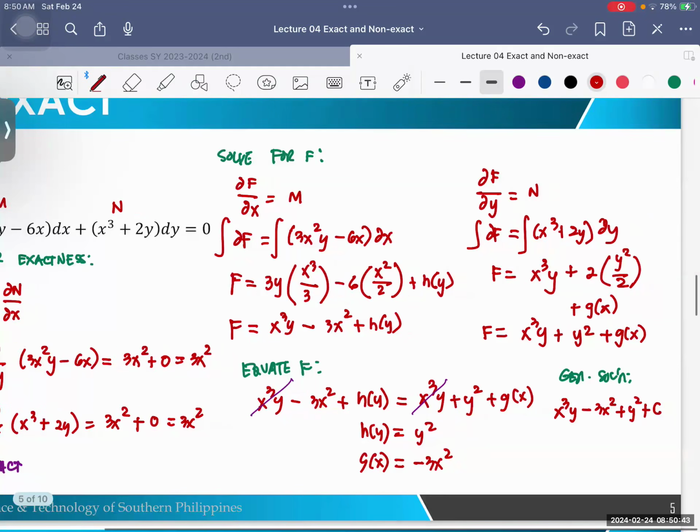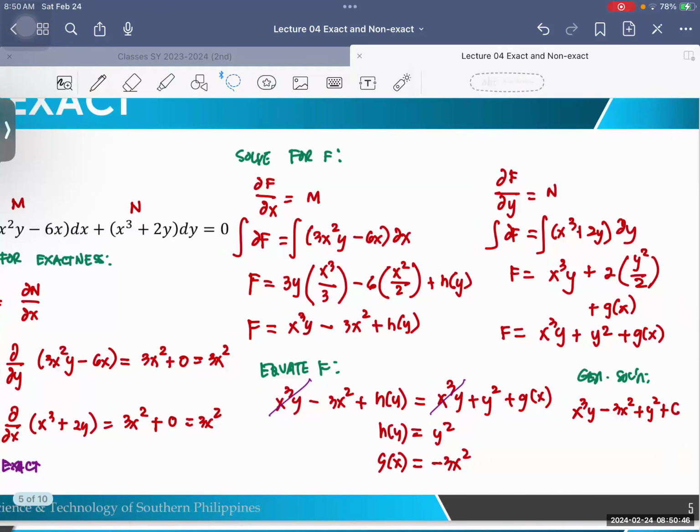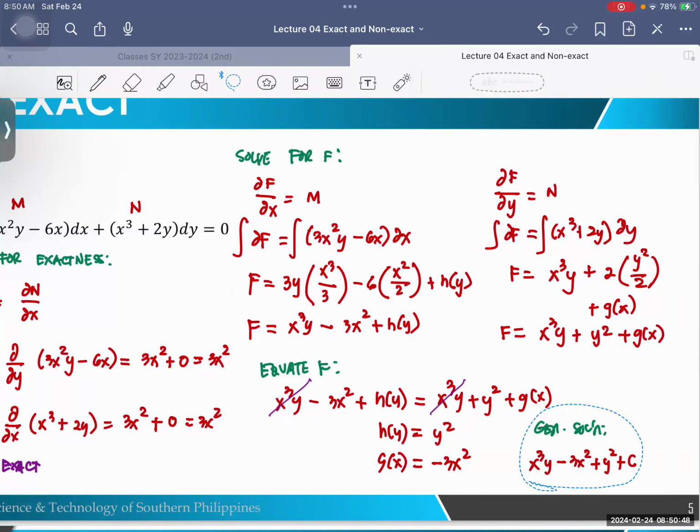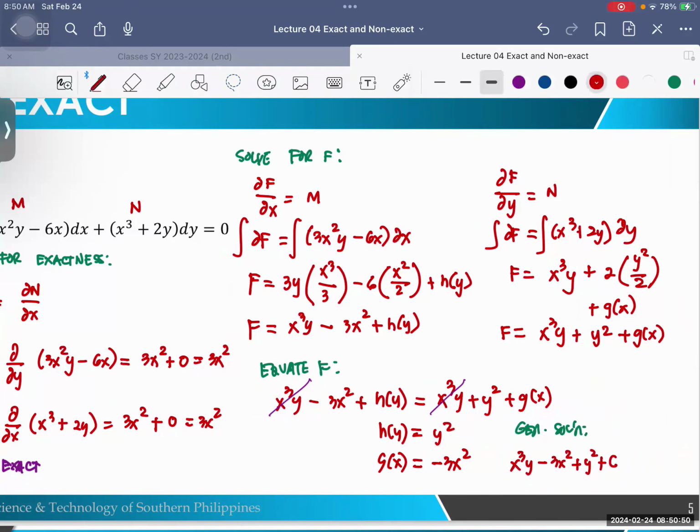Okay, don't forget the c, equals 0. Equals 0. Okay, so this is now our general solution, implicit. Actually, equal to 0, you can write it directly like that, class. So this is our general solution.